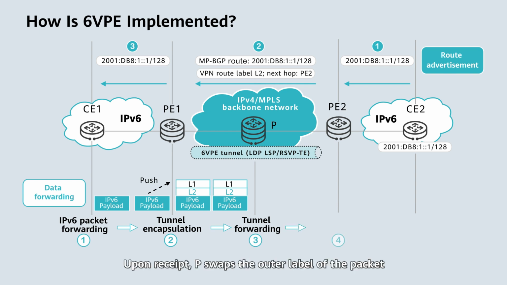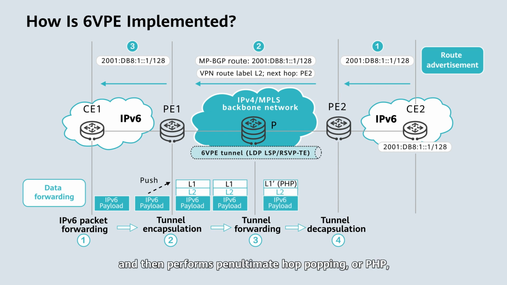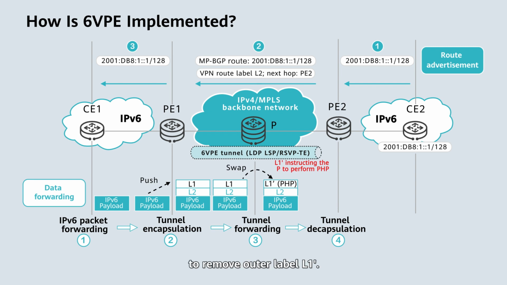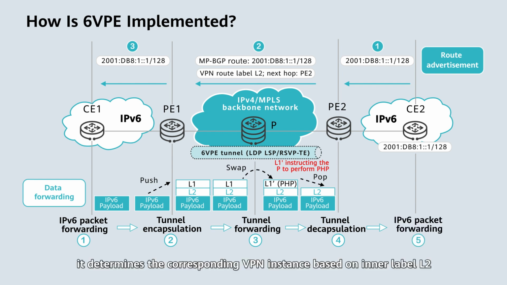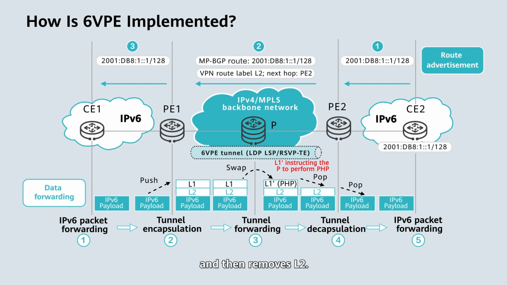Step 4. Upon the receipt, P swaps the outer label of the packet and then performs penultimate hop popping, or PHP, to remove outer label L1. Step 5. After PE2 receives the packet, it determines the corresponding VPN instance based on inner label L2 and then removes L2.